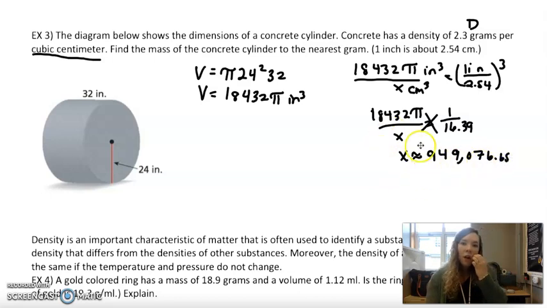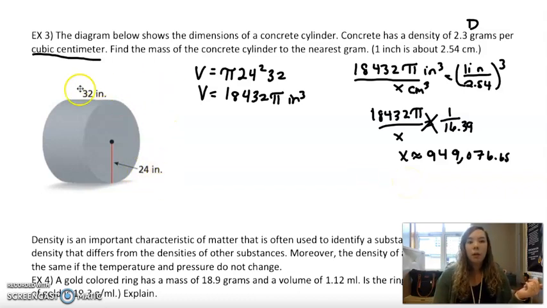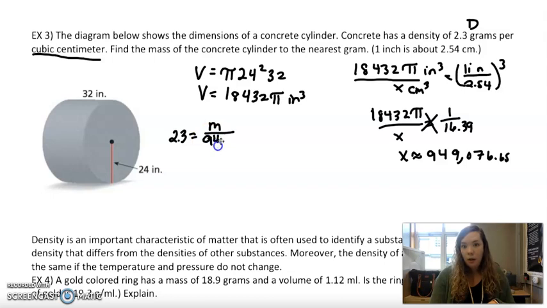So this is our volume in cubic centimeters now instead of cubic inches. You could have also converted inches to centimeters at the beginning and then found volume, but you should still end up with this volume. So we want our density to be 2.3, and then we're looking for mass, and then our volume is our long number here.